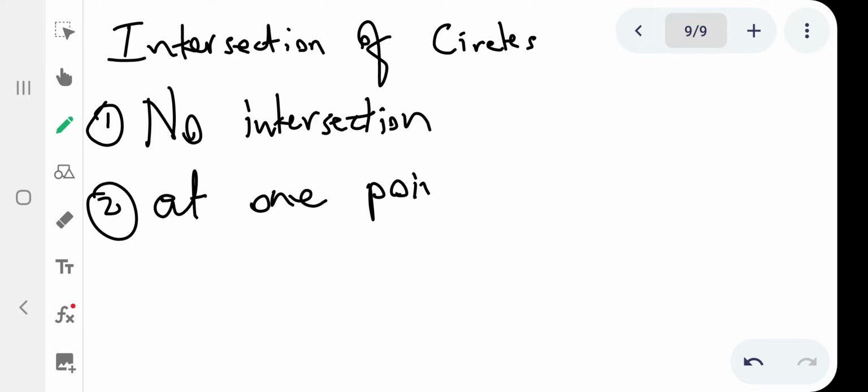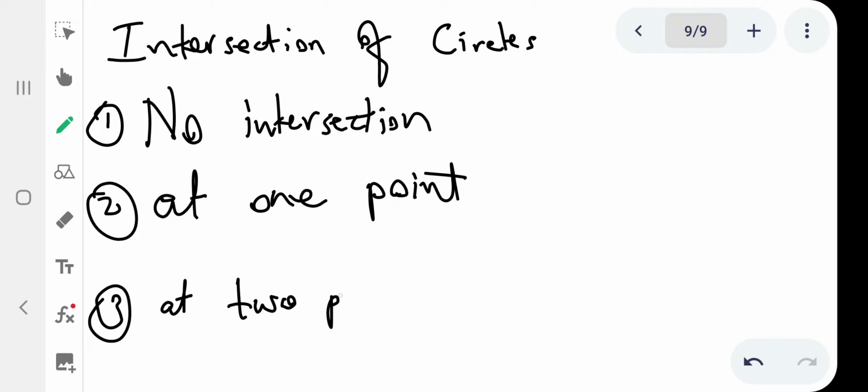I will show all these scenarios in a diagram. And number 3: they intersect at two points. Here there is an intersection, but here there is no intersection.